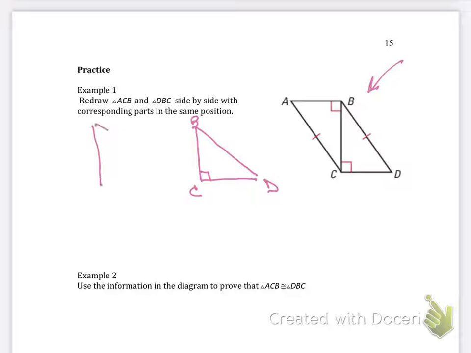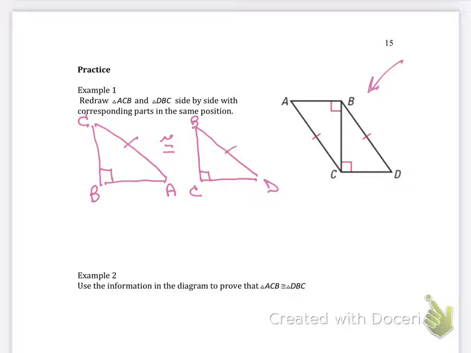Then I'm going to draw the other triangle that was to the left and upside down this way. Okay, where is my right angle? It's at B. And if I had flipped that over, C would have been on the top and A would have been here. So these are the angles that are congruent.